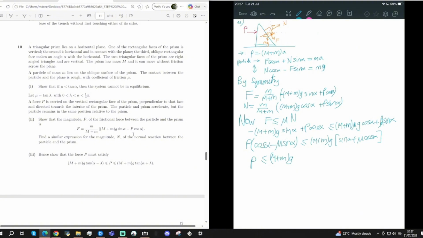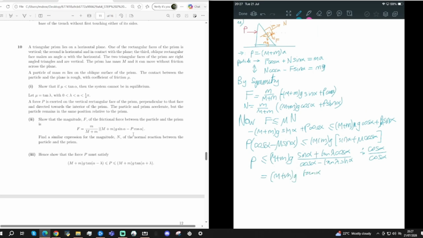And we're going to basically have exactly the same situation again. Sine alpha plus tan lambda cos alpha over cos alpha minus tan lambda sine alpha, divide top and bottom by cos alpha. And now we're basically home and dry.